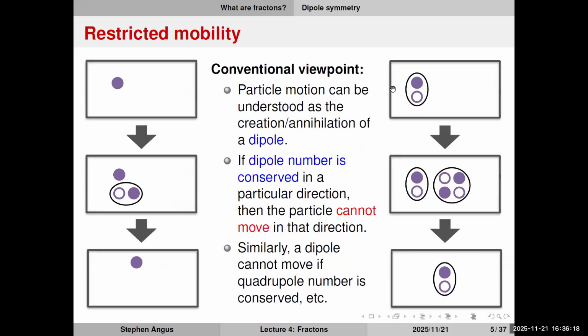The conventional viewpoint on this is as follows. We can understand the motion of a particle as the creation, annihilation of some kind of dipole operator. So we have some particle here, and if you imagine this particle as existing at some site in a lattice, then if we act with a dipole operator, this would annihilate the particle on one site and then create it on an adjacent site.